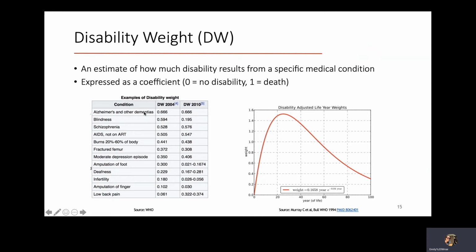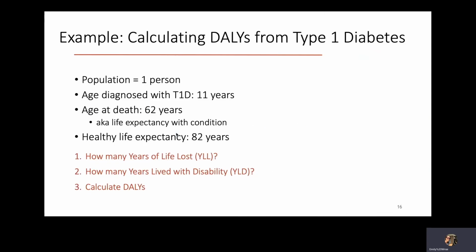This is taken from real lived experience from people, and they've put disability weights to specific medical conditions. Basically 0 is a condition that confers no disability, and 1 is a condition that causes death. So it's a number between 0 and 1, and a higher disability weight means more disability. But that's just to understand that disability is different between different illnesses and injuries.